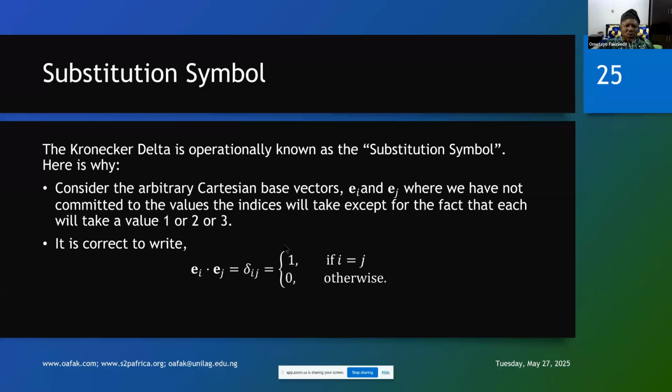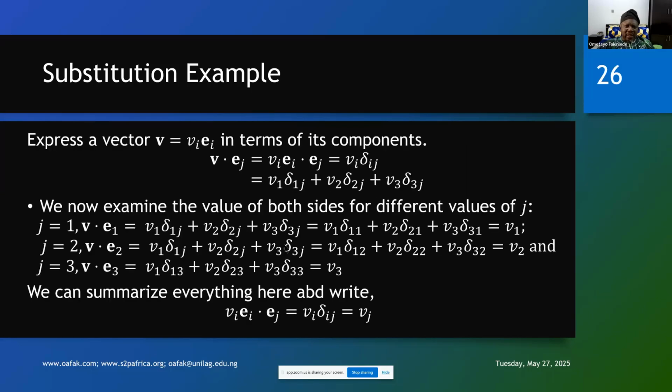The Kronecker delta is operationally known as the substitution symbol. Here is why. Consider the arbitrary Cartesian base vectors e_i and e_j, where we have not committed to the values. It is correct to write this. We know that already. Now, if you want to express a vector V in terms of its components, how can you know what the components are?